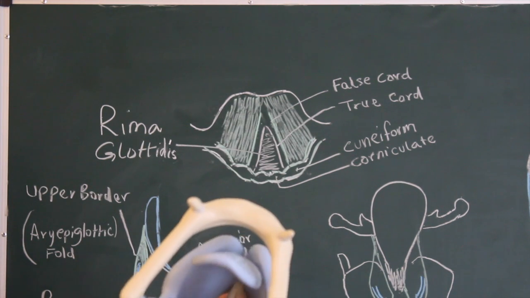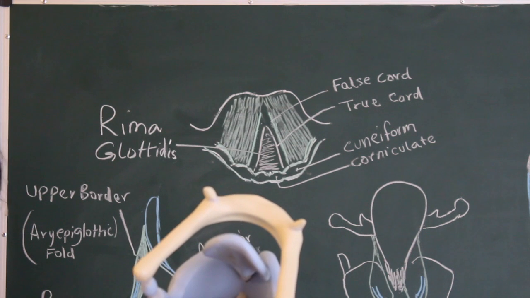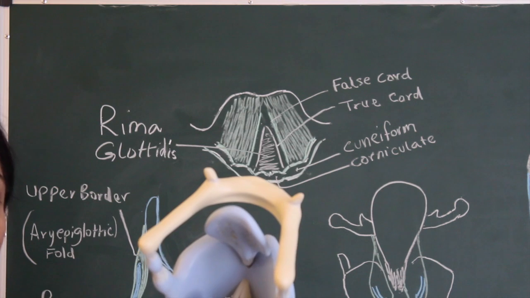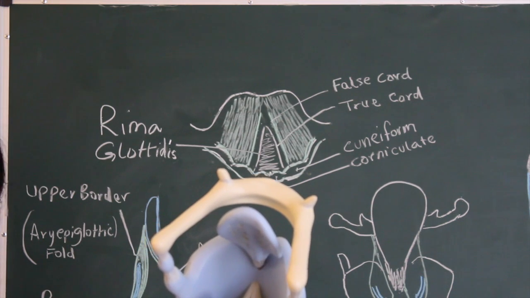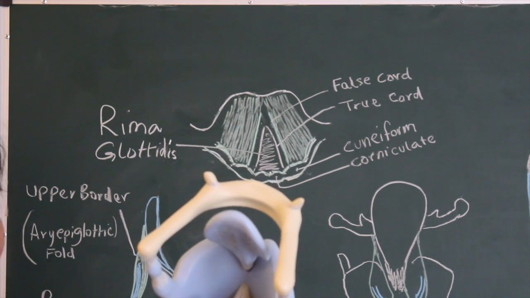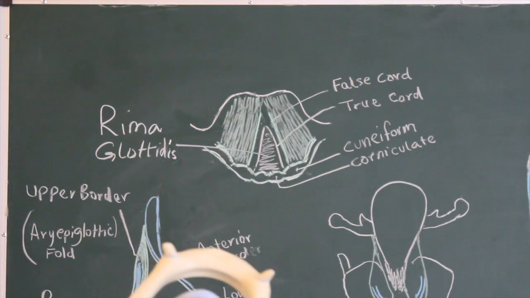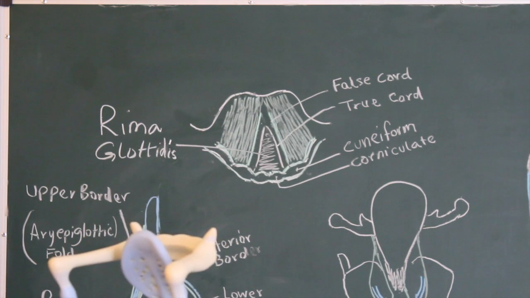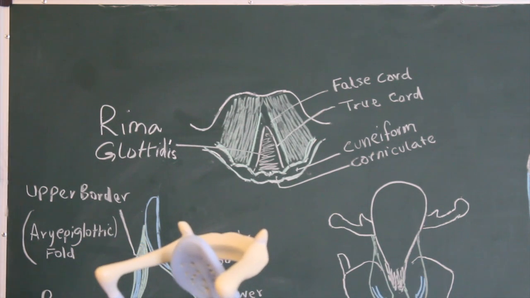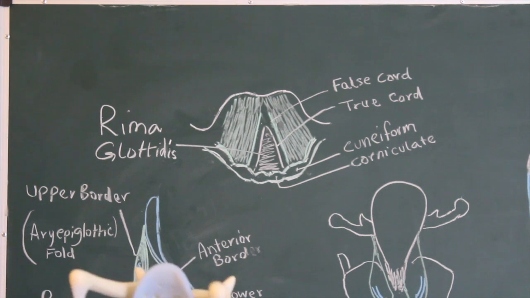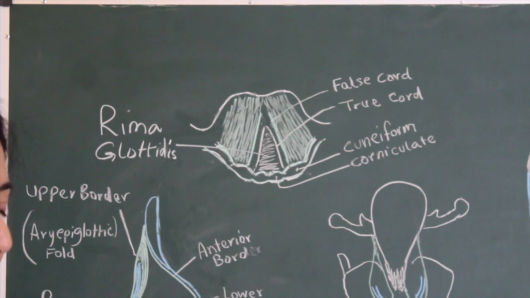So the supraglottic region is everything above the true vocal cords. The infraglottic region is everything below the true vocal cords. Then what else do we have? We have just discussed the folds, the vestibular folds and the vocal folds. Then we have something which is also known as the vallecula. We have two valleculae.